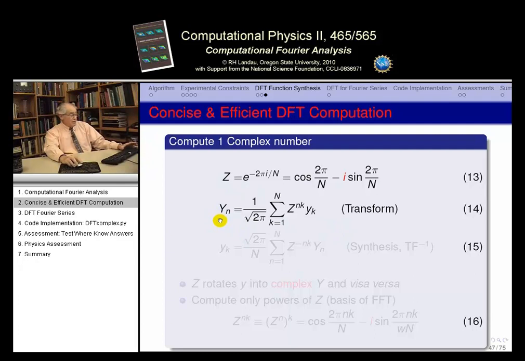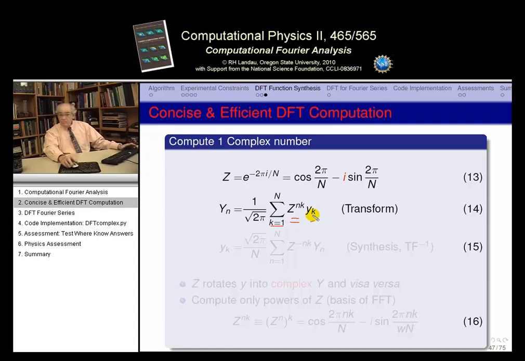The Fourier transform is just some constant, again the sum, and it's just powers of Z. Z raised to the nk power, n being the nth value of the transform, k being some power which we sum over. And then likewise it's weighted by the transform itself.